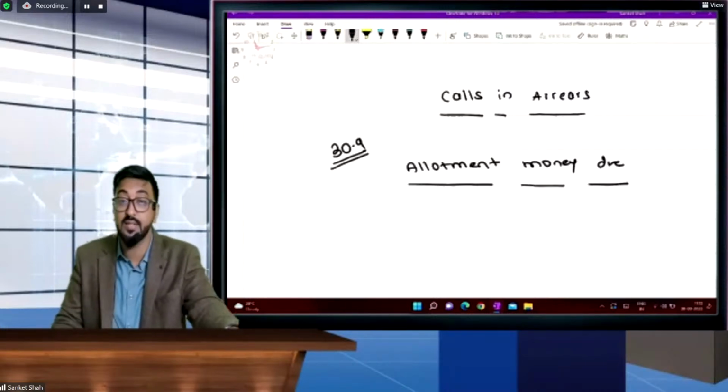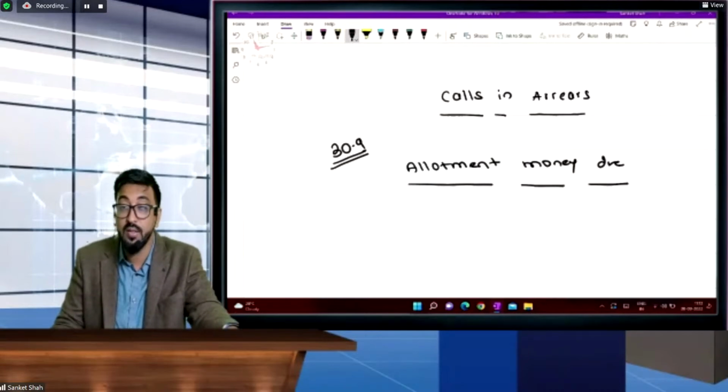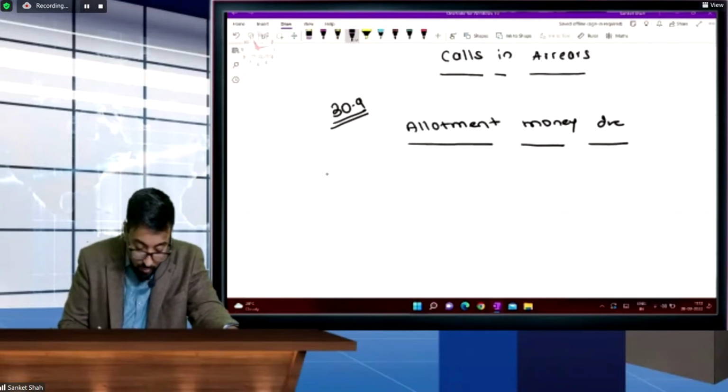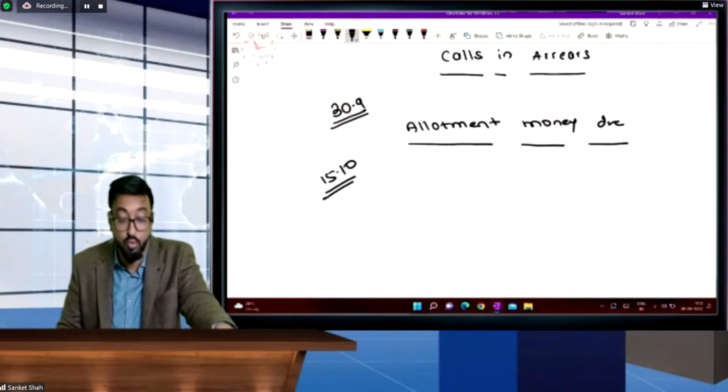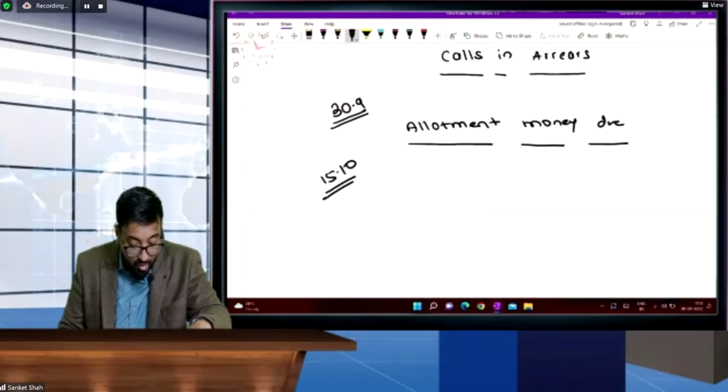Suppose on 30th September, I have given time up to 15th October. How much time did I give? 15th October. So what is the entry for allotment money due? Okay, come on.